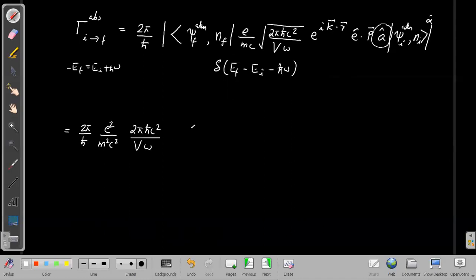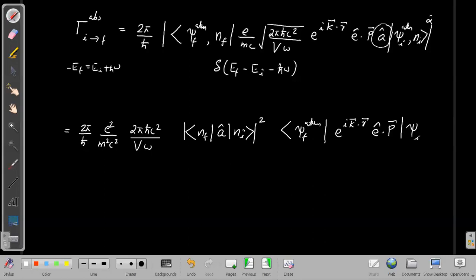So there would be some Nf, annihilation A, Ni, mod square, then psi F atom e raised to i k dot r, e dot p, psi I atom, mod square, then the Dirac delta function EF minus EI minus h cross omega. Now what about this term?